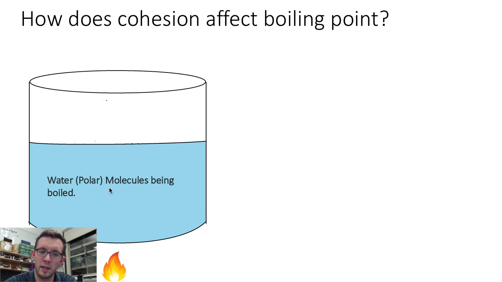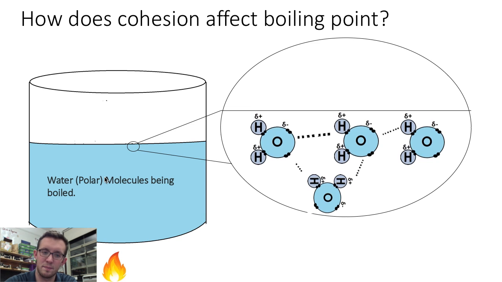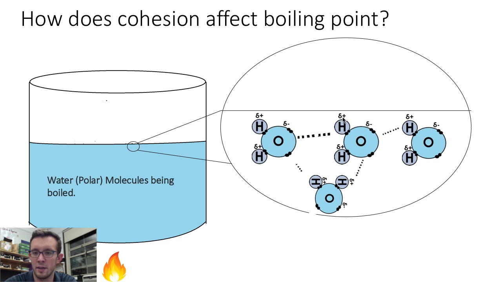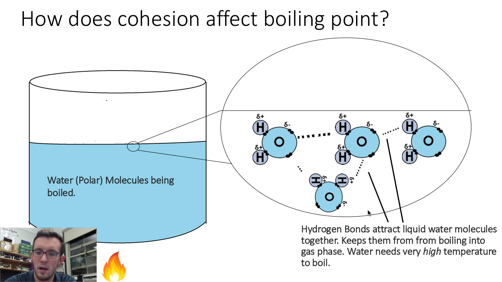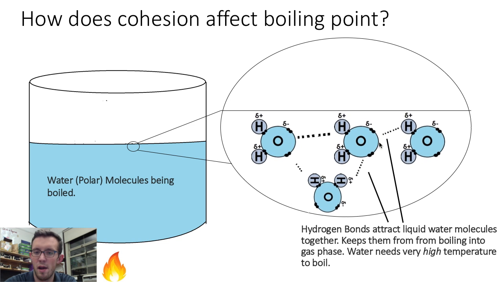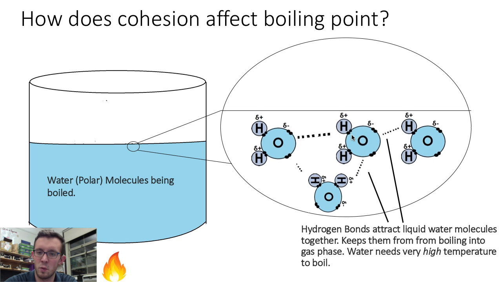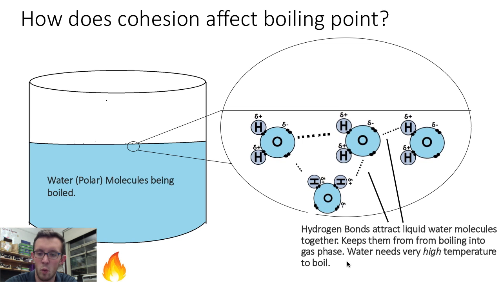Now, with water molecules, or a polar substance, if you were to look at what is occurring near the surface of a polar substance that's being heated, what you'd see is that the hydrogen bonds are actually attracting the water molecules together, which is preventing these water molecules from breaking out into gas phase. As a result, water needs a very high temperature in order to boil.